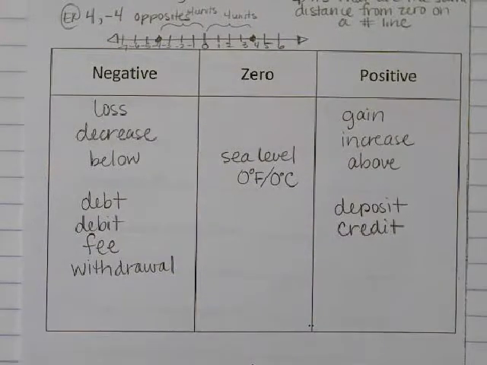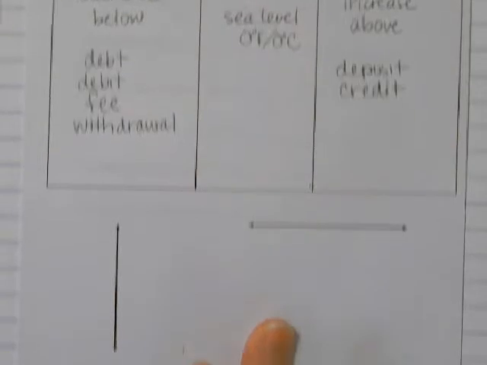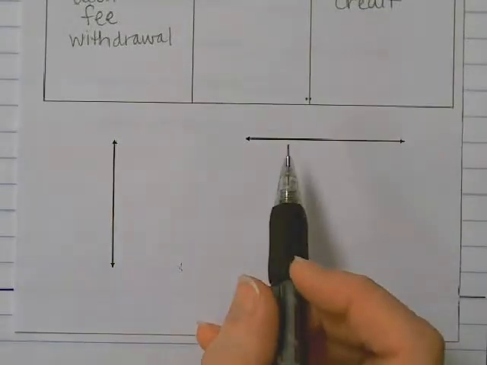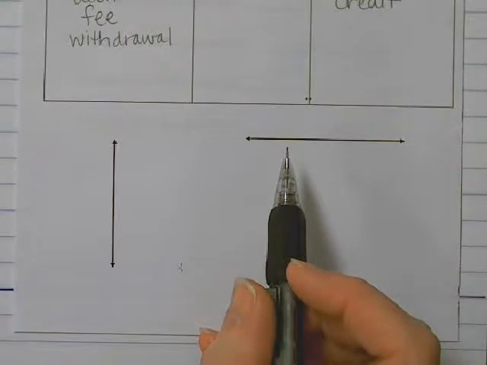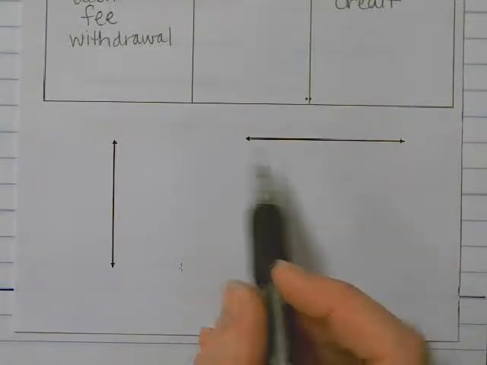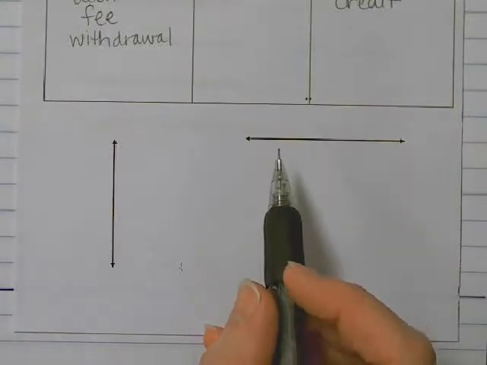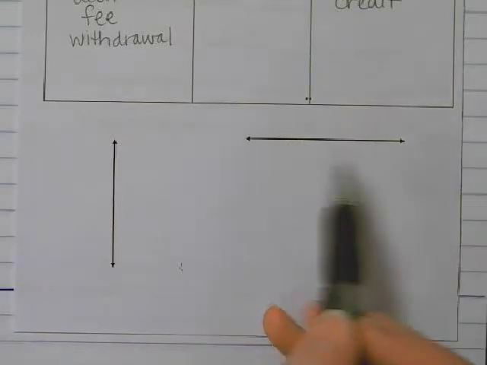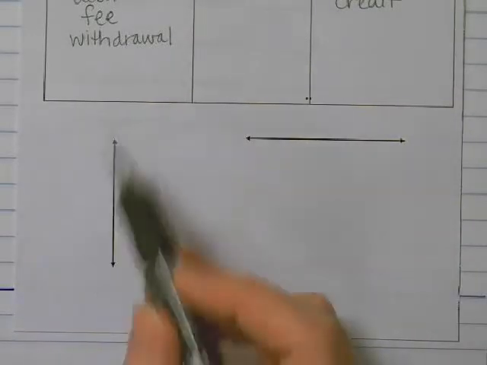Okay, so now that we have a knowledge of what negative and positive mean, or how they can be used in the real world, there are visuals that we can use to show positive and negative values also, and we call them number lines. Sometimes you may see a horizontal number line, sometimes you might see a vertical number line.